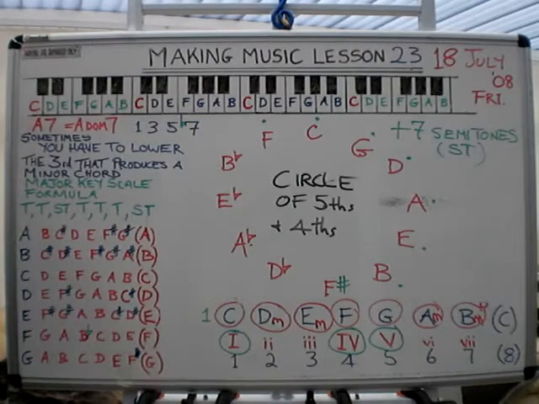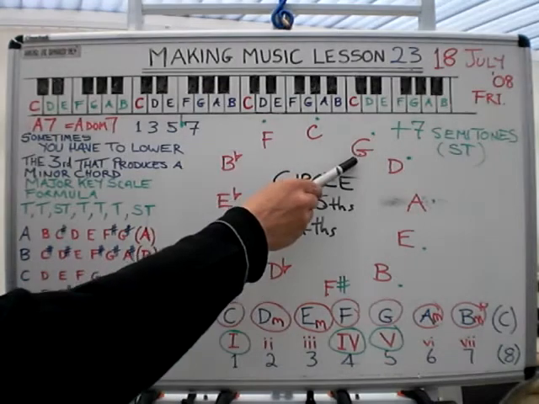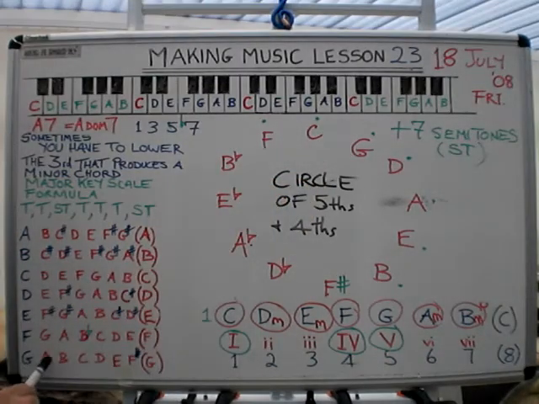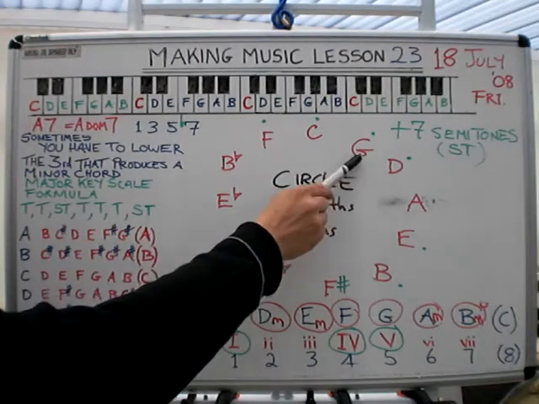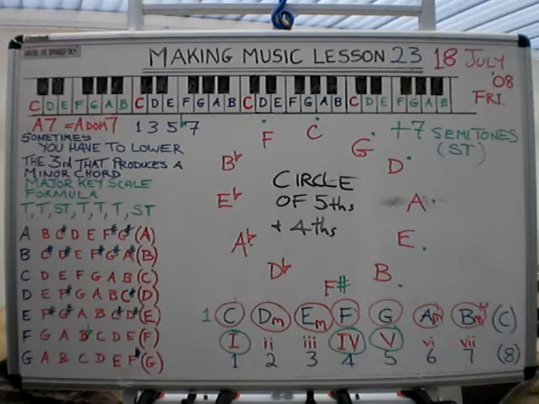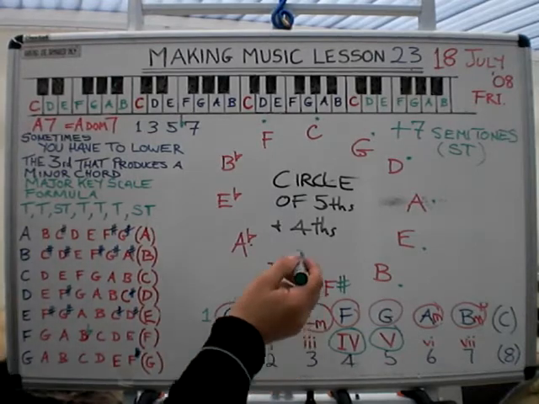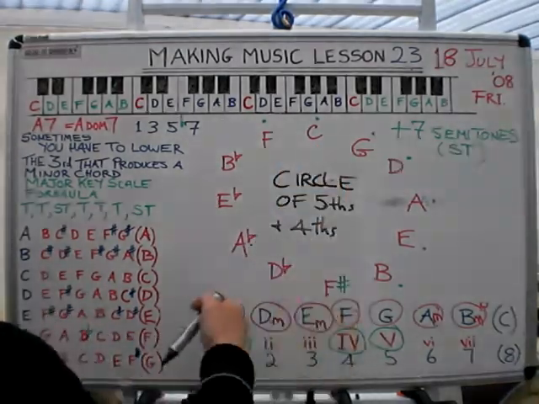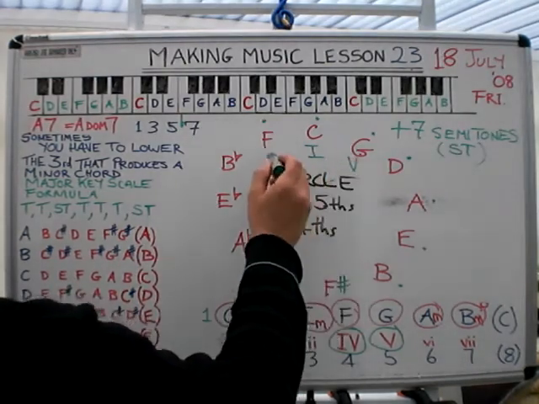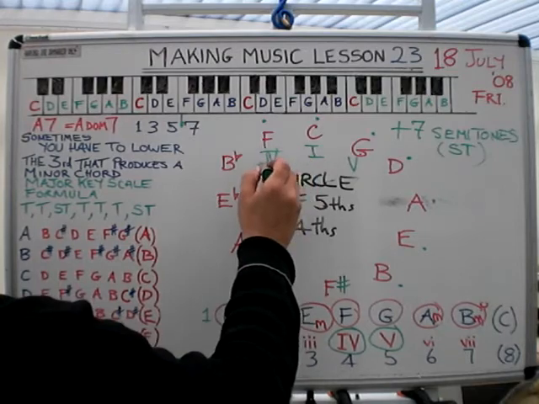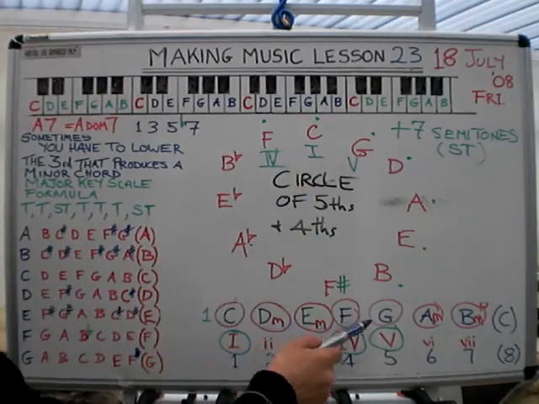Now, if we choose the G, let's look at the G. First position G. Now, 1, 2, 3, 4, 5. We know to its right is a D, and to its left is a C. I'm going to go back to this C a minute. Position 1, position 5, position 4. 1, 5, 4.